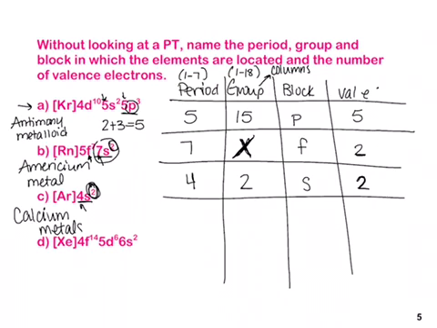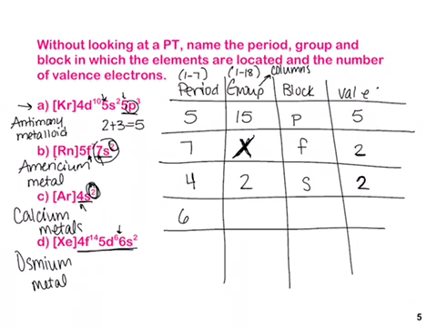Our last example here is osmium. And osmium is a metal. And so looking at our electron configuration, we look for the period, which is the highest one here, which would be the 6th. However, when we look at the rest of these, we can see that we are in the F, and now we have filled into the D block.